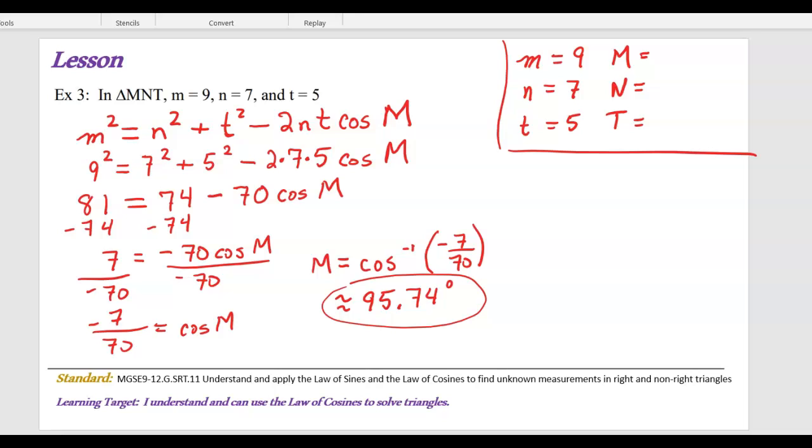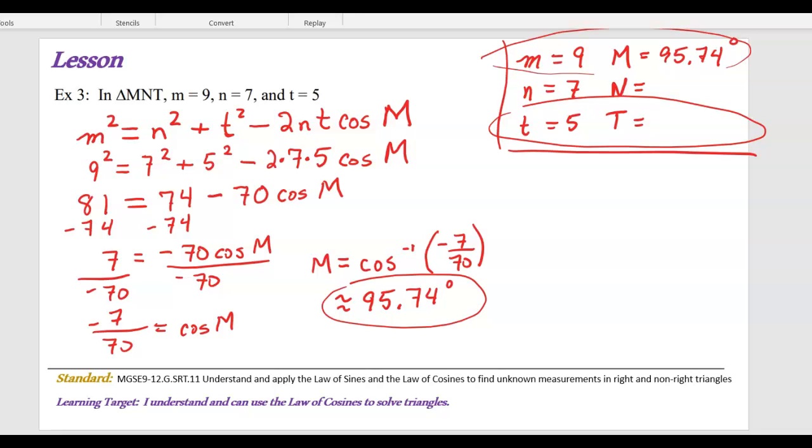All right, so very similar to the last example you saw for M. Cosine inverse of a negative. Once again, I get another obtuse angle. So yes, angle M is obtuse. So we have 95.74 degrees. Now, like the last problem, take these two values, M and M, take T and T, and find angle T. Pause.